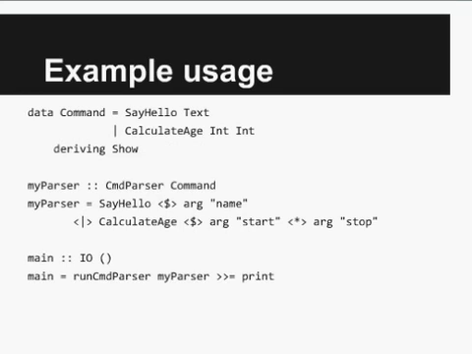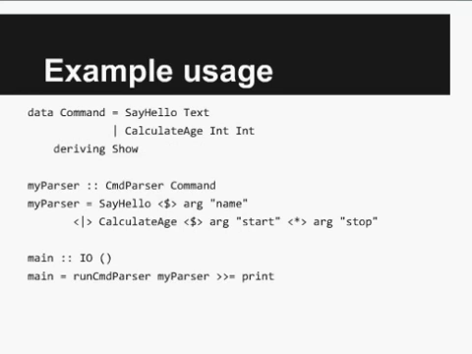My parser is a full-blown command line parser now. We're able to say that sayHello should parse the argument name, or, and that's the pipe operator over here provided by Alternative, or we would like to do CalculateAge, which would require two named arguments, start and stop.